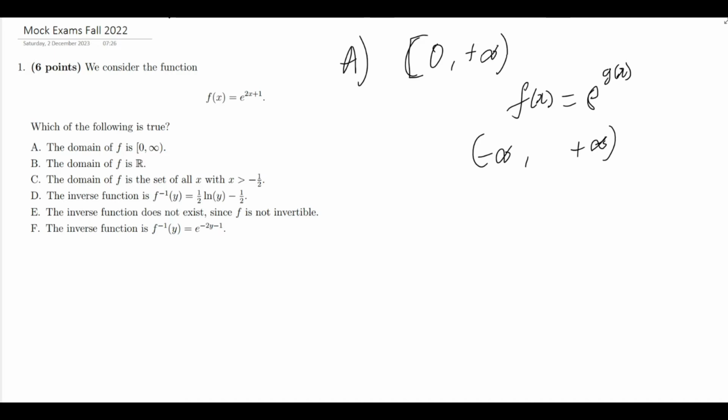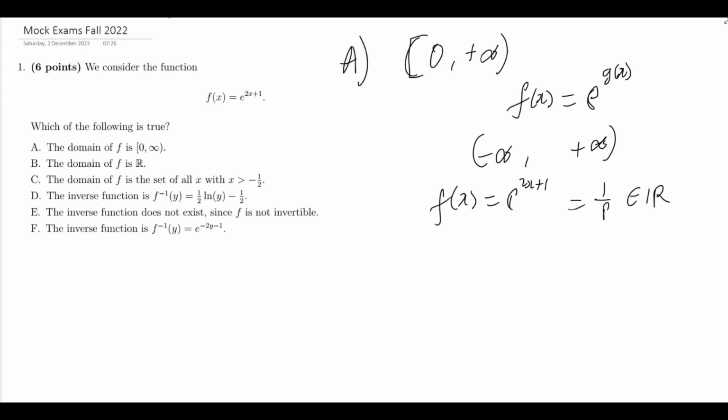If you want to verify, let's say we insert -1 in our original function, f of x is e to the power 2x plus 1. Then f of -1 will be e to the power -2 plus 1, which is e to the power -1, which is 1 on e, and this exists.